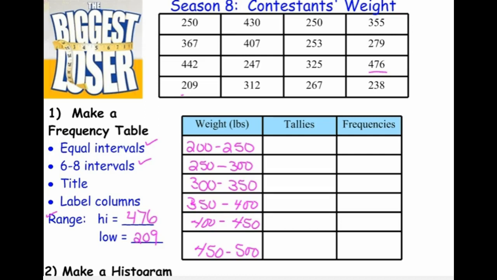I ended up with 1, 2, 3, 4, 5, 6 different intervals. So I'm hitting in this 6 to 8 intervals. I need a title on this, so contestants' weight, season 8, I suppose.